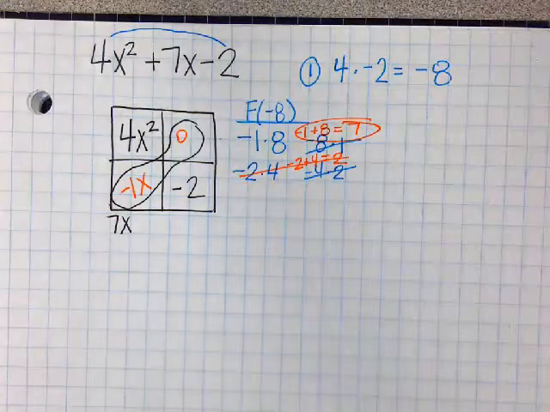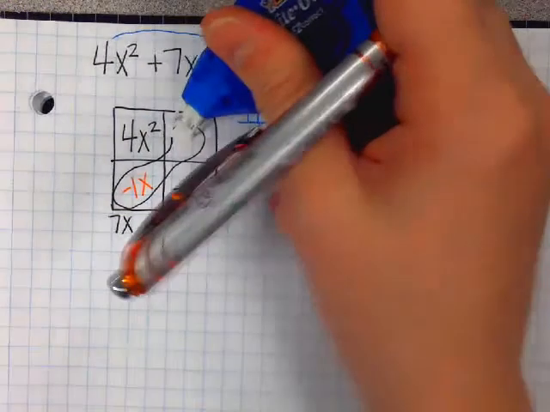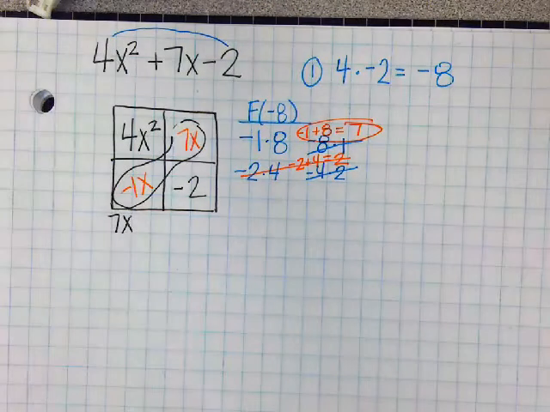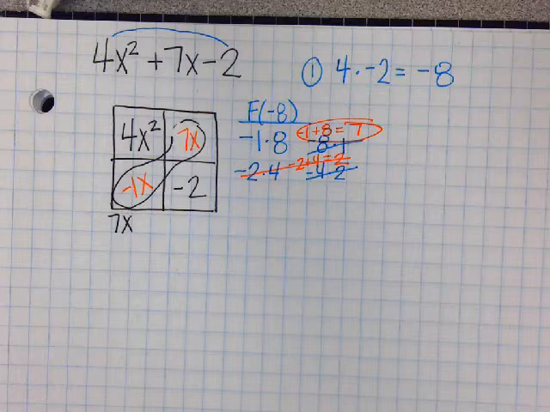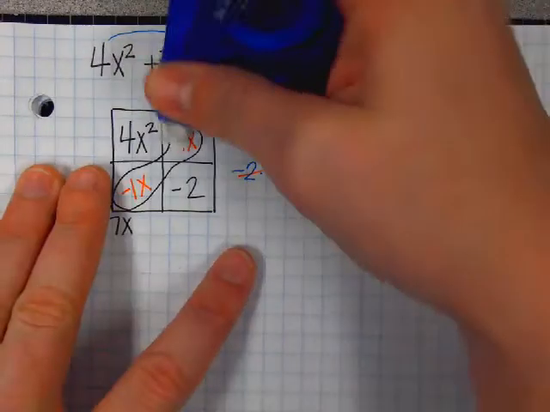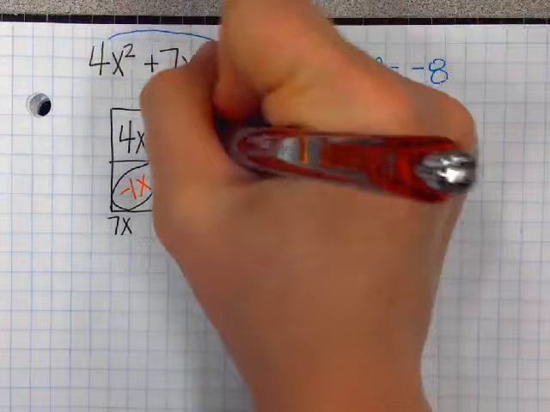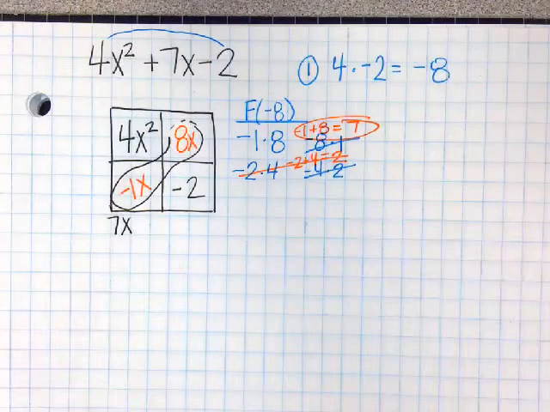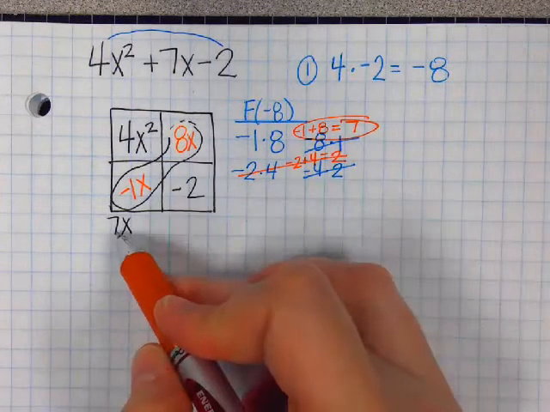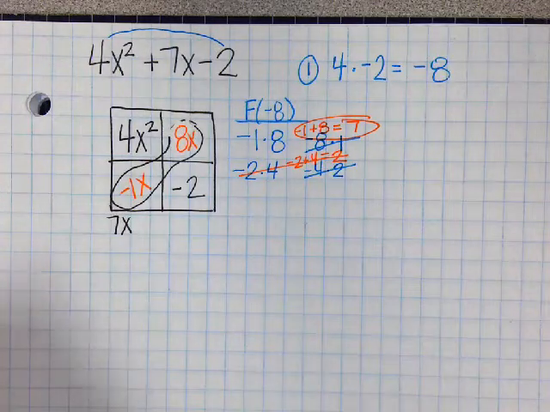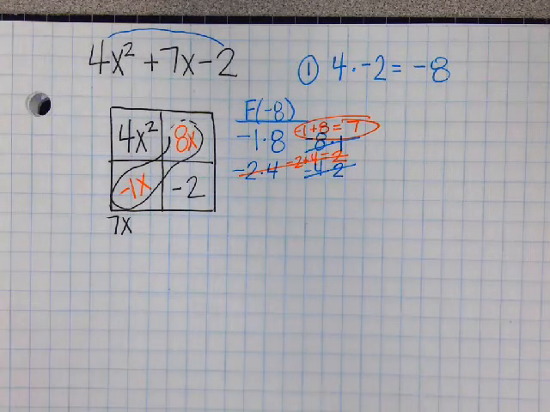So it would be negative 1x and then positive 8x. Sorry, I'm getting all mixed up. So 4x and 8x, because they combine to get 7.